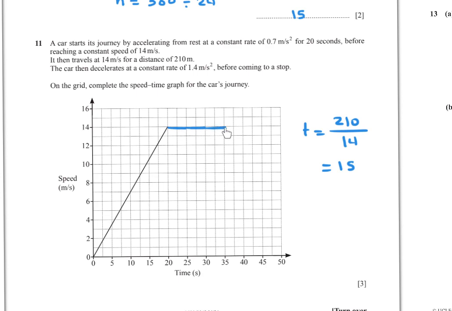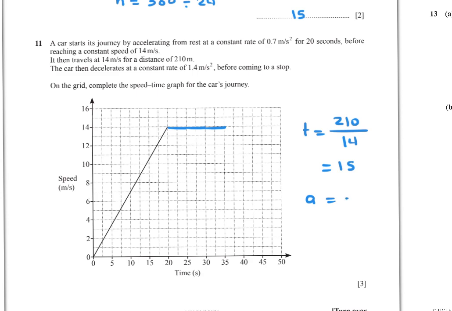Now it decelerates at the constant rate 1.4 meter per second squared before coming to a stop.